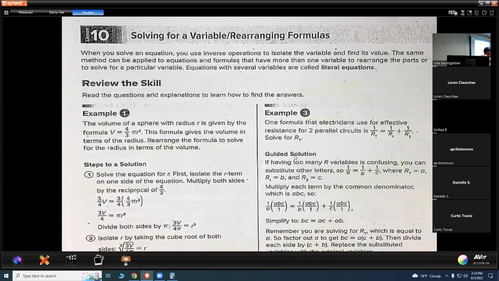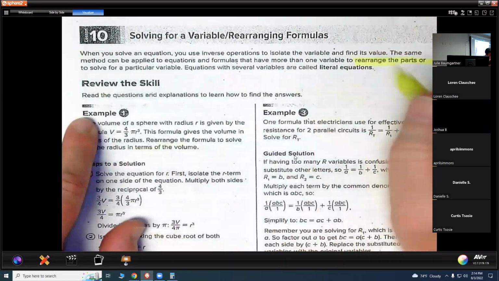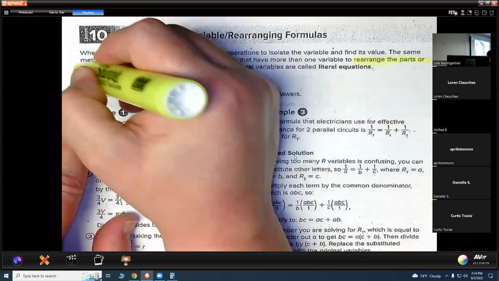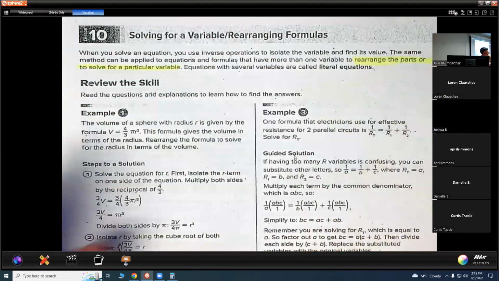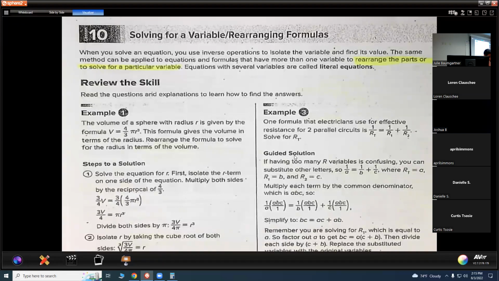That's our goal. Equations with several variables are called literal equations. I don't think we need to know that word. So let's jump to our examples.